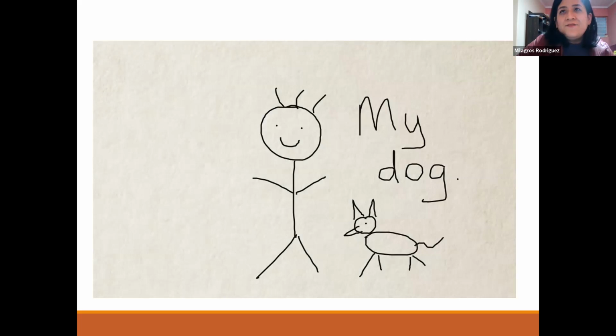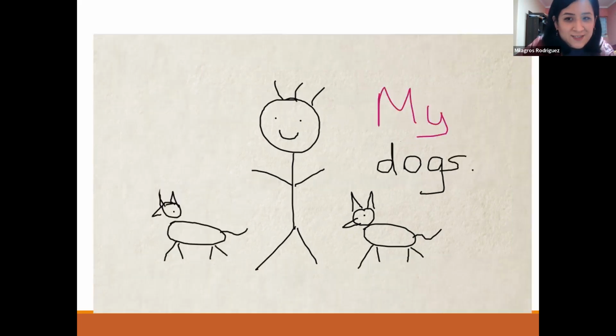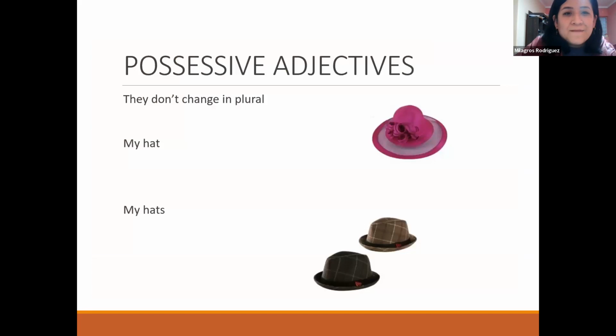But in the case of the possessive adjective, they need a noun. Like in this phrase, my dog, my dogs. The possessive adjectives don't change in plural. I mean, they don't change when they have plural nouns, right? I say my hat if I have only one, or I say my hats.